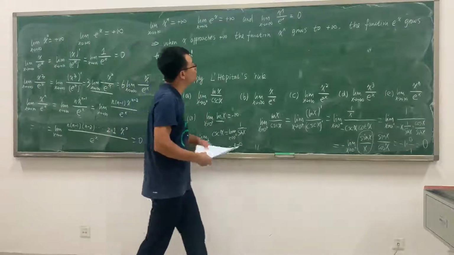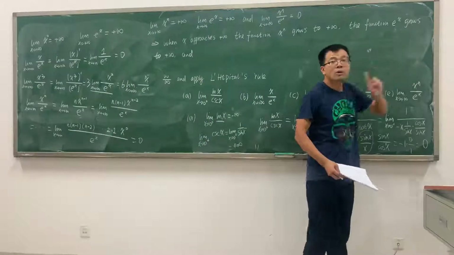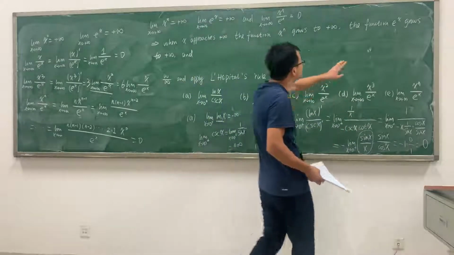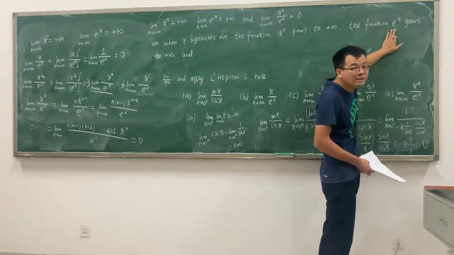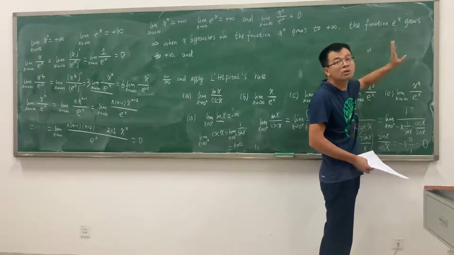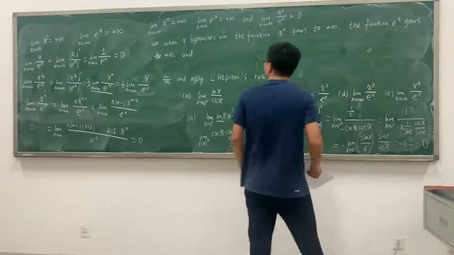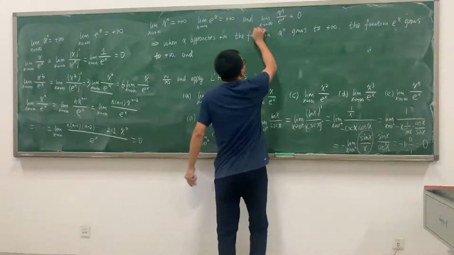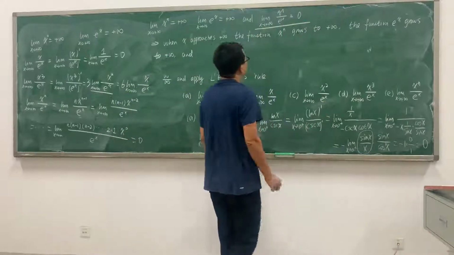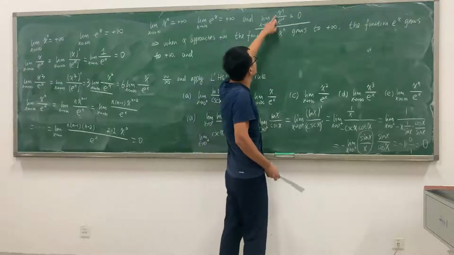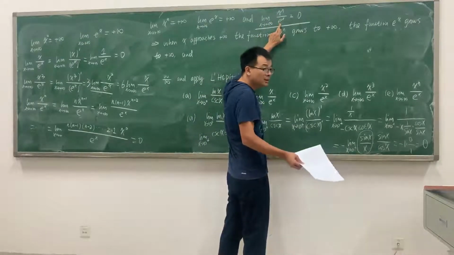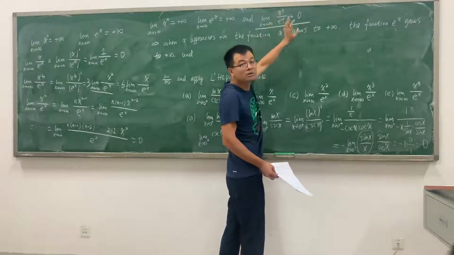But which one is fast and which one is slow? By this conclusion, e^x grows fast and x to the n grows slow.